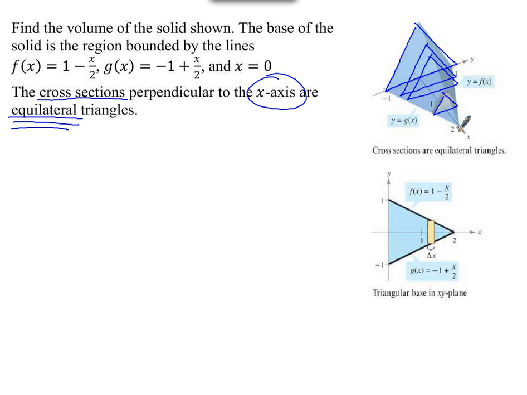Now when I make that cross-section cut, I get this equilateral triangle, but the base of that equilateral triangle is this representative rectangle right here. This representative rectangle is what I'm sliding back and forth. In the three-dimensional figure, it turns into an equilateral triangle that I'm sliding back and forth. But we're going to look at just this rectangle.